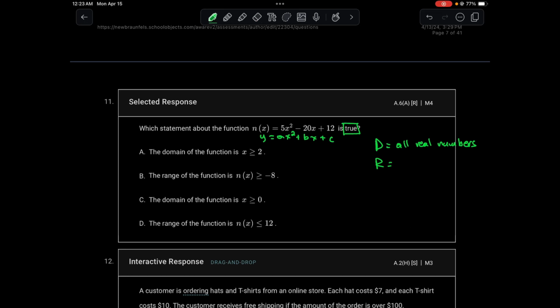But let's see. Now we have this particular quadratic. They give me the domain and the range. I know that those are going to be wrong because they restrict the domain. So it's probably one of those two.